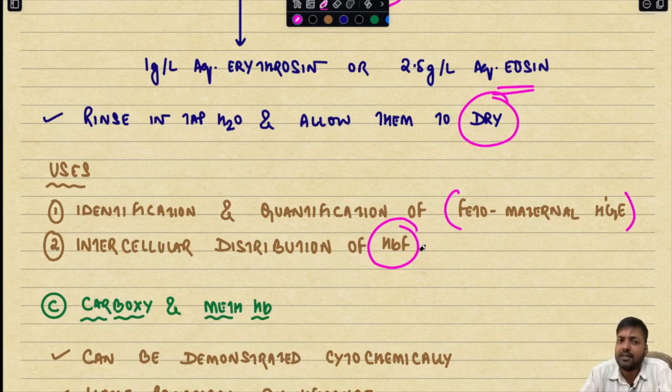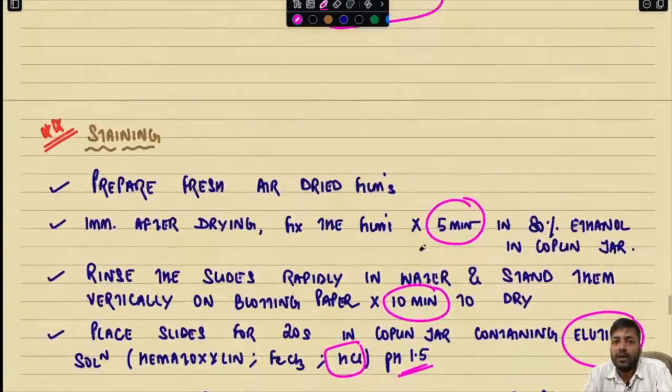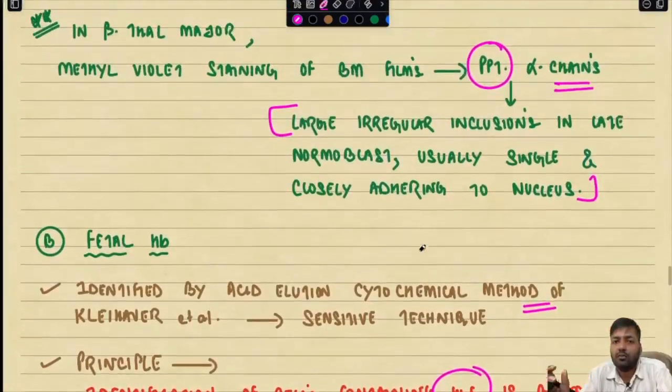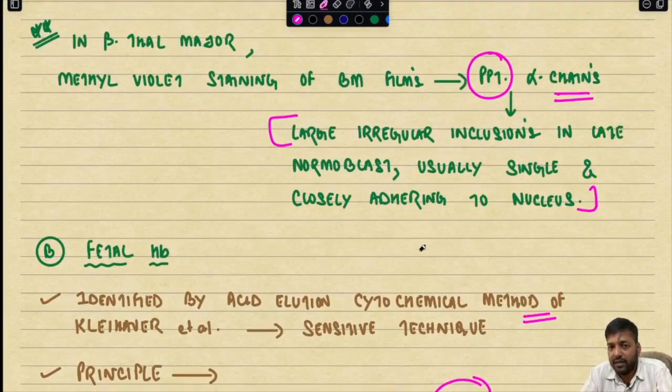I have already discussed that in detail in my lecture on approach to hereditary hemolytic anemia, so I'm just saying it in short, because cytochemistry is a vast topic and we cannot discuss each and everything individually. So with this we have completed the cytochemical evaluation of fetal hemoglobin.